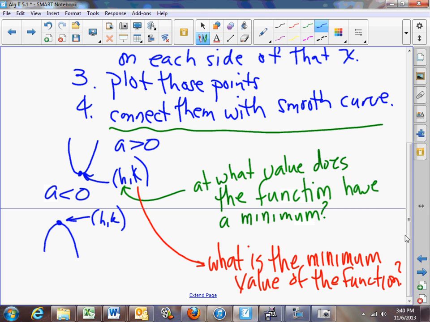And here, the green question would be, for h, at what value does the function have a maximum? And the red question here would be, what is the maximum value of the function? And that would be k. So you need to be careful and make sure that you're answering the question that's asked.